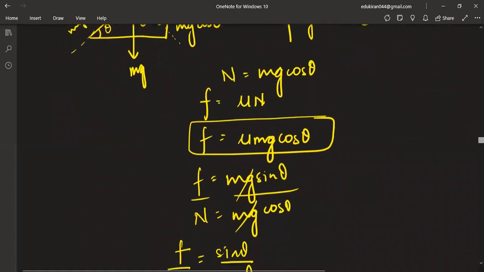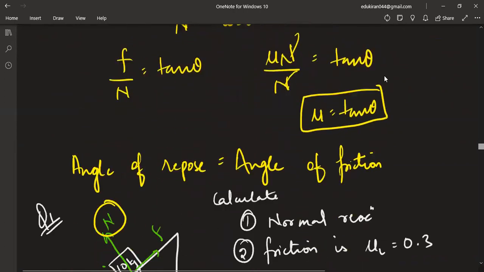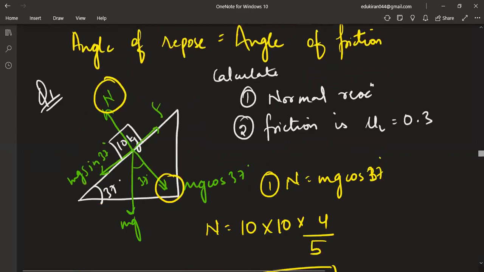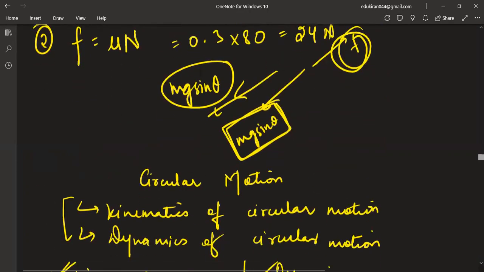So mu is equal to tan theta. Angle of repose sometimes becomes equal to angle of friction mathematically, but physically they do not have the same meanings, though mathematically the formula is the same. So wherever an angle is given, mu equals tan theta, you can easily apply it and use it.